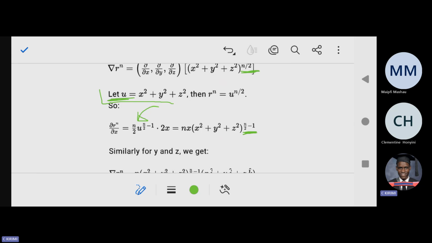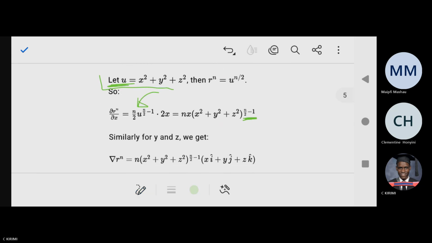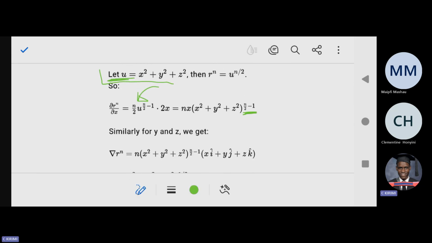Then remember here we'll be multiplying by 2x. That's why the 2 and the 2 cancel. What are you left with? If the 2 and the 2 cancel, you are left with the n as the multiplicand, and you'll be left with the x.